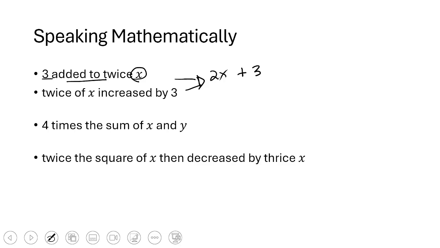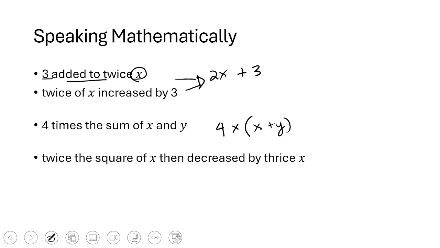Now let's look at the next phrase. We have 4 times the sum of x and y. So we are multiplying something. We are multiplying 4 to the sum of x and y. So please note, we are not multiplying 4 just to x. We multiply 4 to what? To the sum of x and y. When we say sum, we are adding, and what we are adding here are x and y.